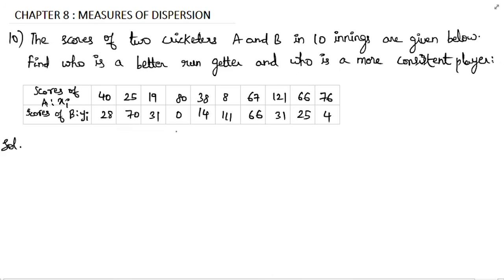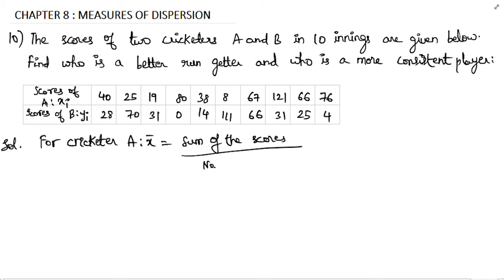Okay. So now the 10th one: the scores of two cricketers A and B in 10 innings are given below. Find who is a better run getter and who is more consistent player. Here the scores of A and B are given. For cricketer A, x bar is equal to sum of the scores divided by number of innings.